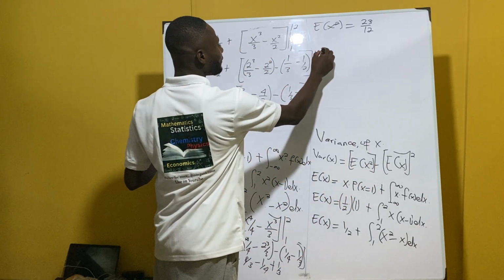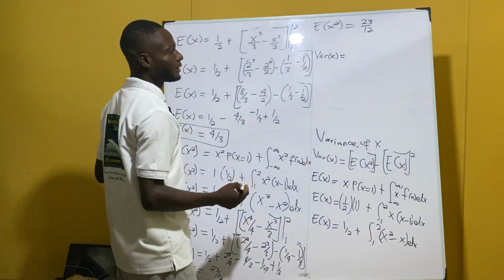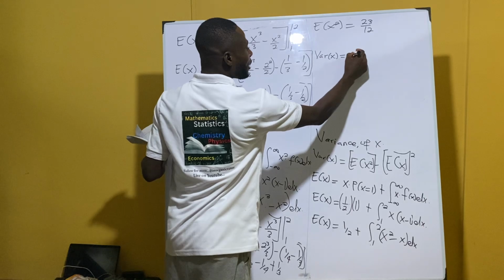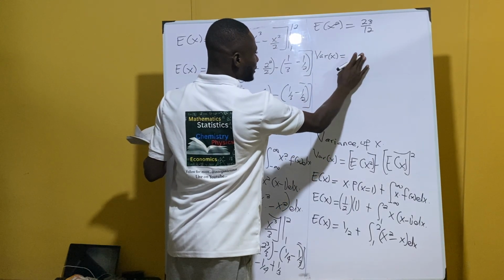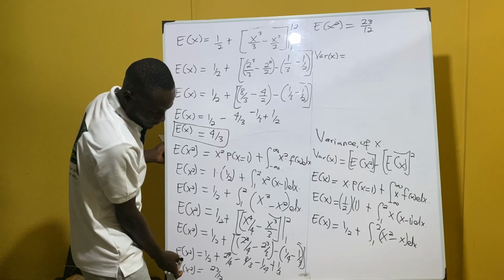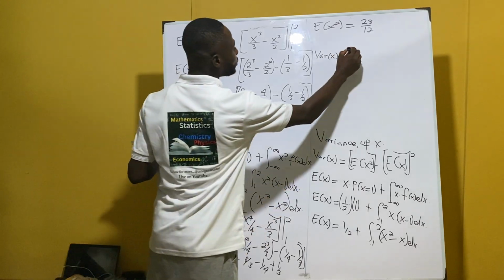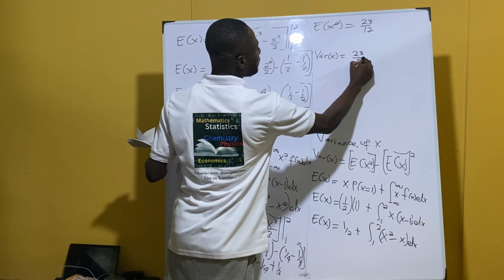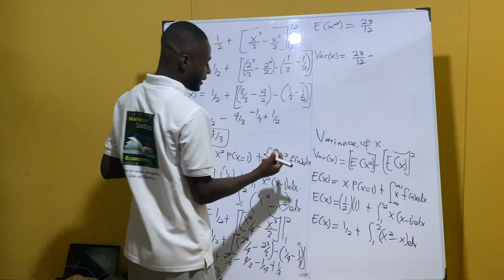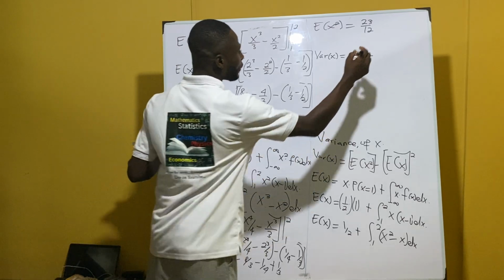The formula for the variance of x is the second moment, the expectation of x squared, which is 23 over 12, minus the first moment, which is 4 over 3, all squared.